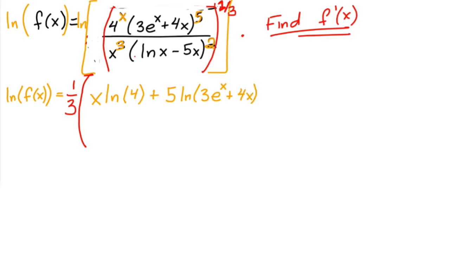Now the one on the denominator is going to end up being negative, so minus 3 natural log of x. And then this one also on the denominator is going to end up being negative as well. So minus 2 natural log of, here you have to be careful, it's natural log of this whole thing, so natural log of x minus 5x.